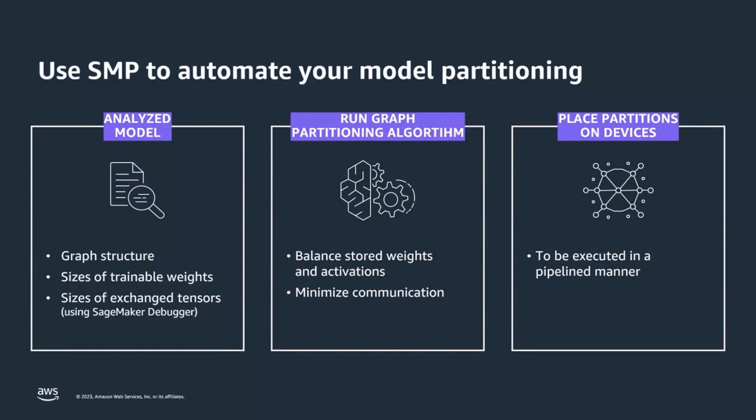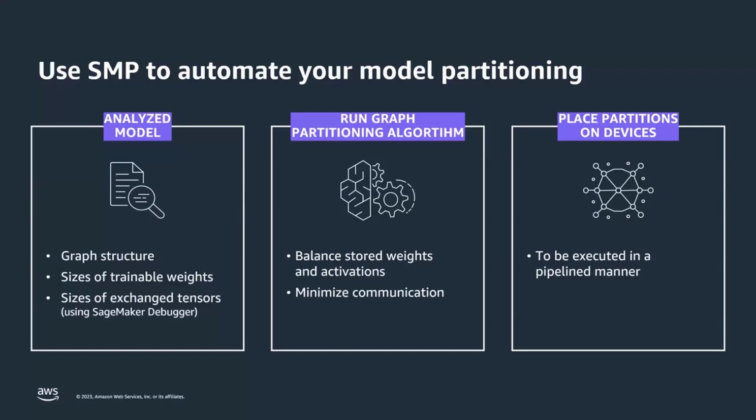So let's see how this works. When you create a training job on SageMaker, SageMaker will analyze the model graph. It will analyze the graph structure, count the size of the trainable weights, and also take a look at the size of the exchange of tensors via SageMaker Debugger.